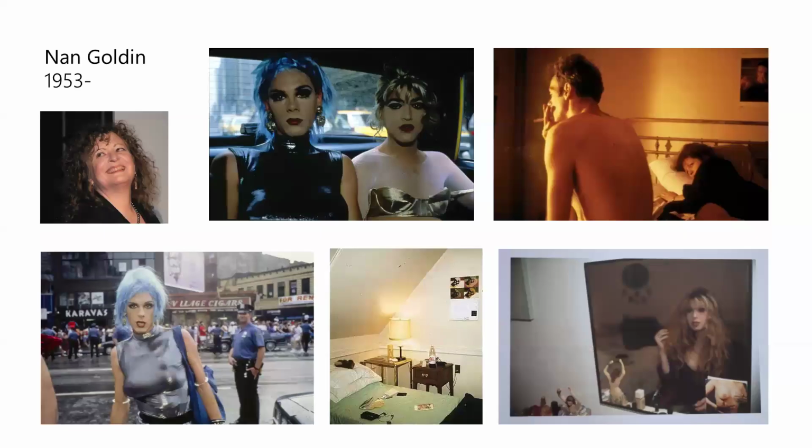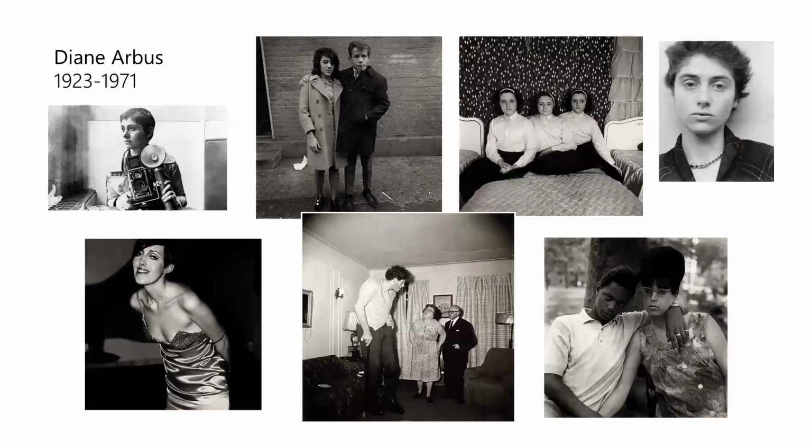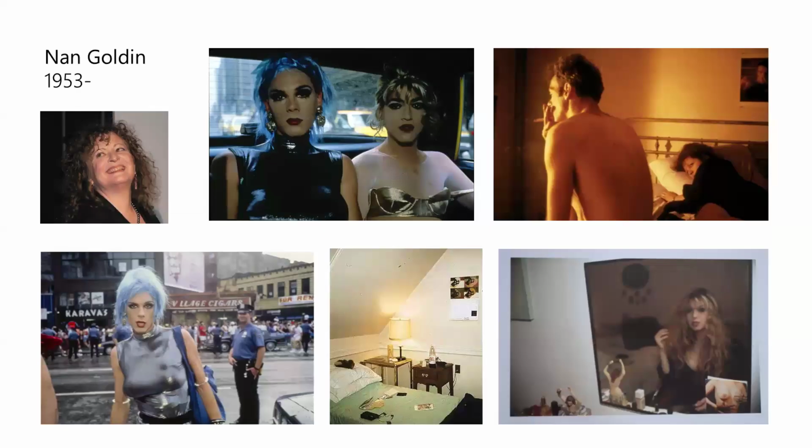Nan Goldin, now we're getting to contemporary photographers, is very much coming out of the same tradition as Diane Arbus, where what you're communicating, who you're talking about, what you're trying to say about the world, about society, is way more important than every photograph being exactly perfect.